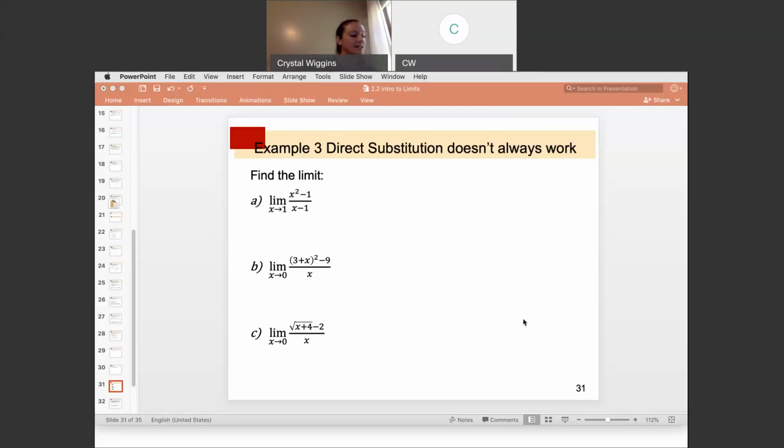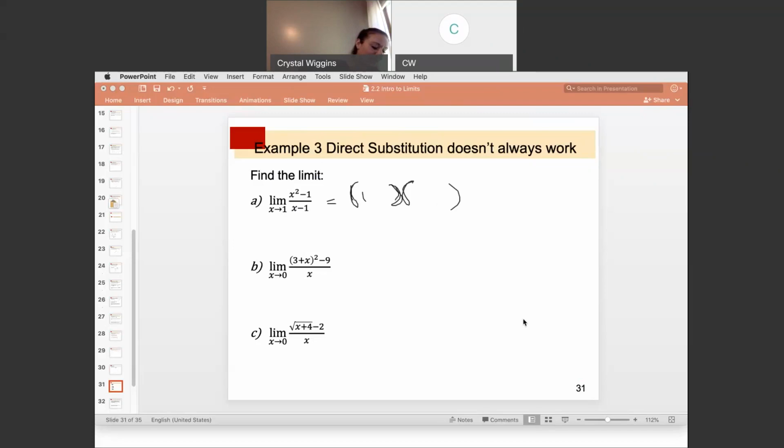Okay, so let's now use our algebra to solve. So if I look at this numerator, I am going to factor the numerator. If you remember the difference of two squares, then x plus 1 times x minus 1 gives you that x squared minus 1.